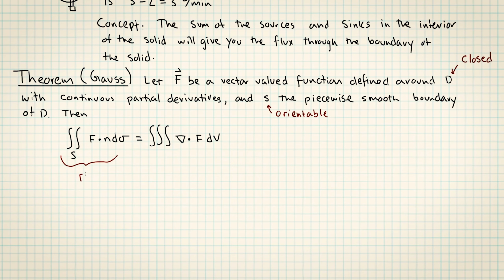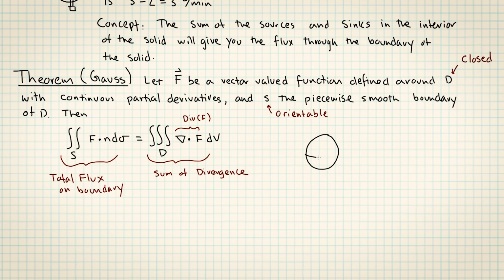So that makes this the flux. And then on the right-hand side, this is the integral of del dot F. Remember that del dot F represents the divergence of F. So if you're trying to calculate the flux through a boundary, if you instead calculate the sum of the divergence everywhere on the interior of the solid, then you're guaranteed to get the same number.